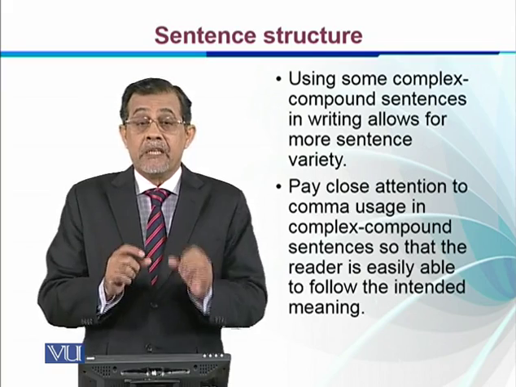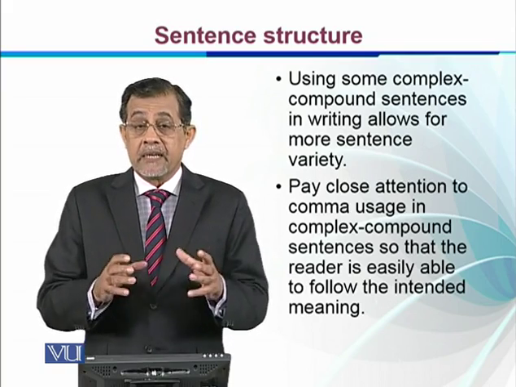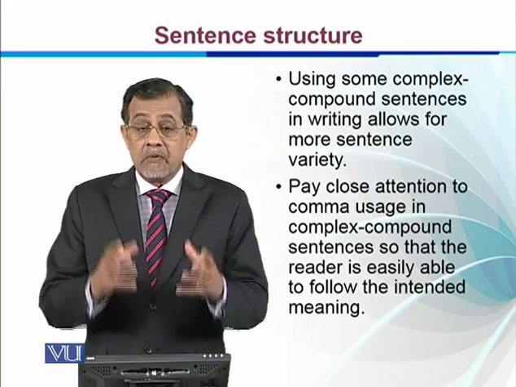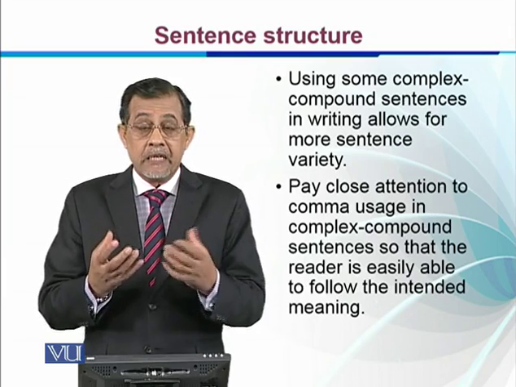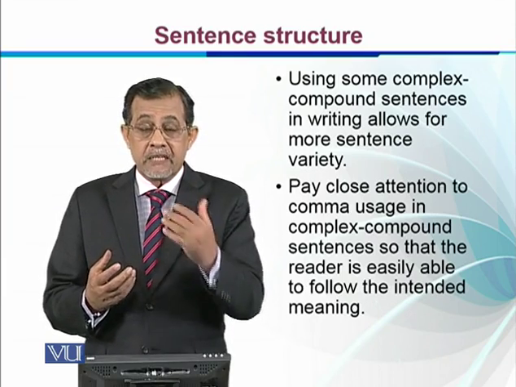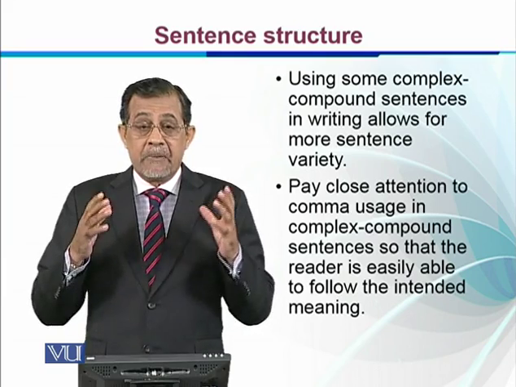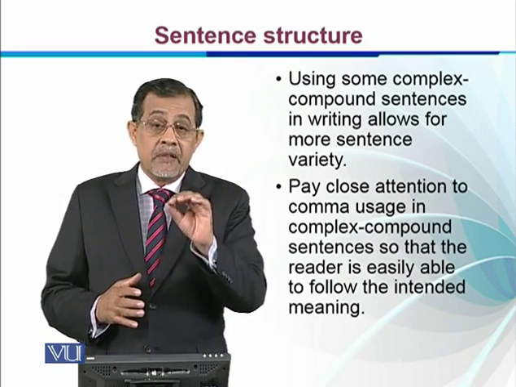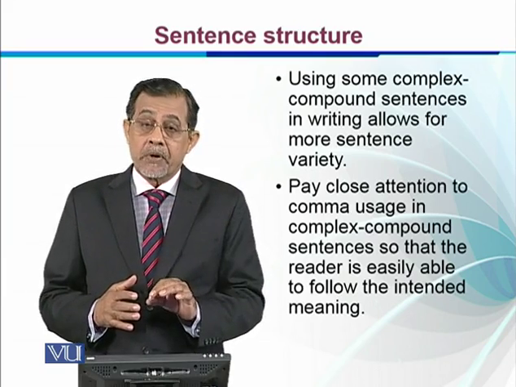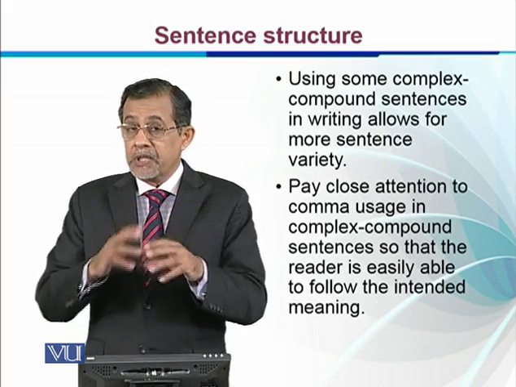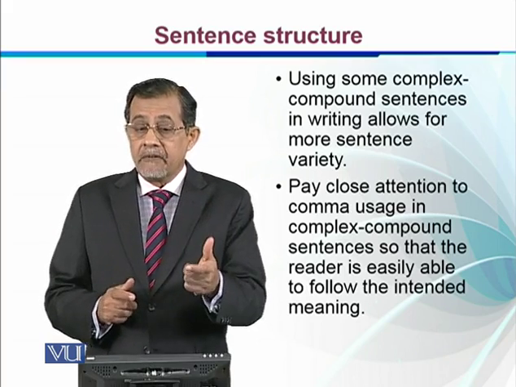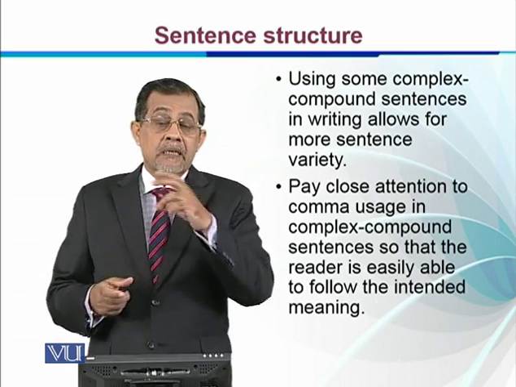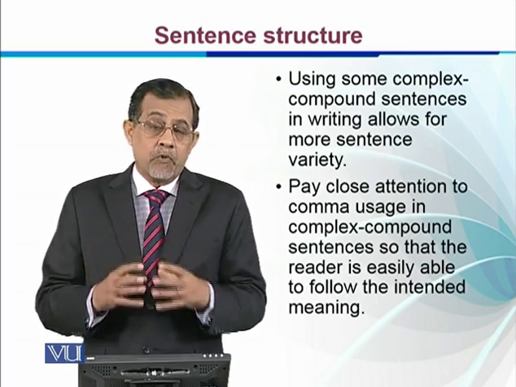When we are speaking, we have pauses that give the idea of where we break the sentence or clause. But when we are writing, punctuation is very important, right? If punctuation is not correctly given in writing, it can confuse the meaning that we want to convey.